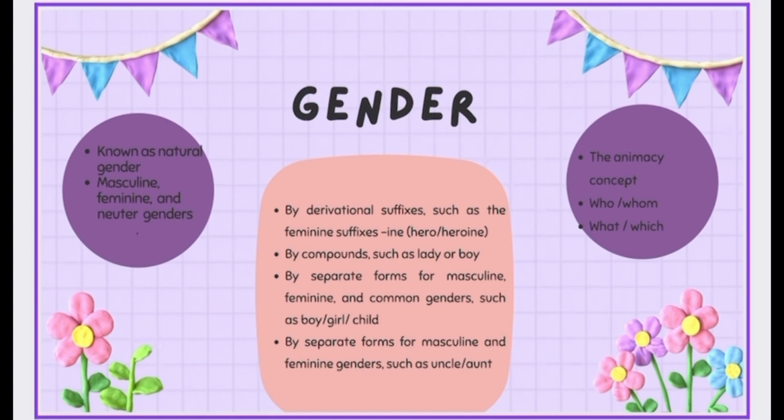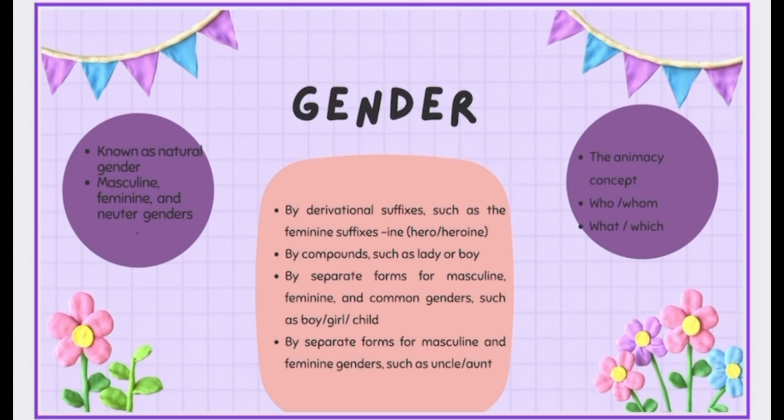English also expresses a related concept known as animacy in its relative and interrogative pronouns and some other pronouns. For instance, who and whom pertain to animate entities, while what and which relate to inanimate objects and lower animals.